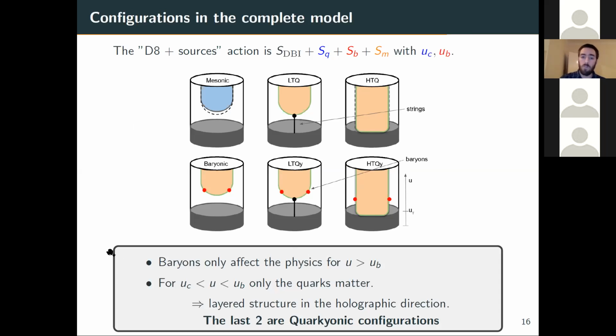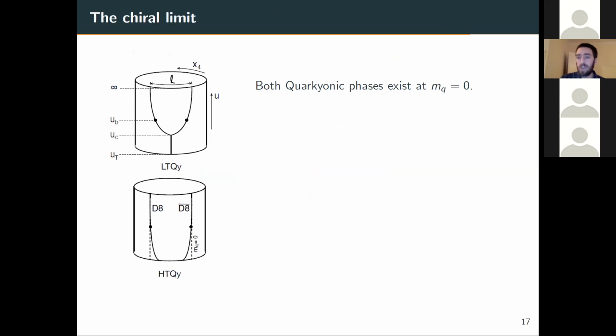But there are 2 of them. One is like this, and roughly, if you don't have a mass, you can say that it's chirally broken. And one is like this, and if you don't have a mass, you can say that it's chirally restored. So it's a dynamical question, and you have to compare the free energies on whether quarkyonic matter in this context is going to be chirally broken or restored.